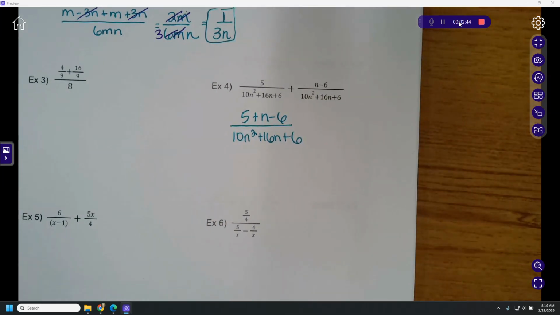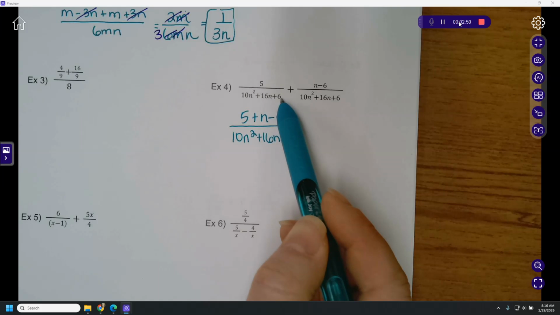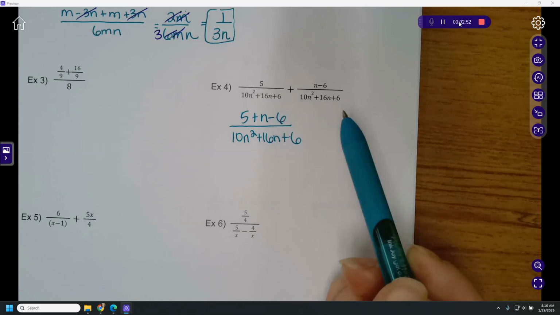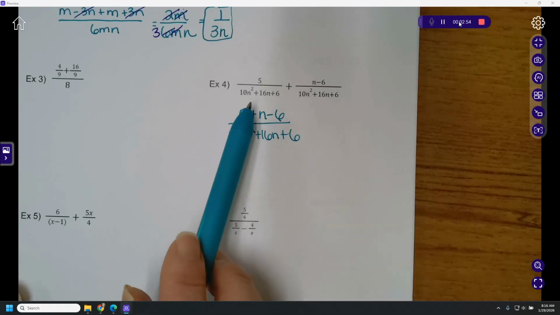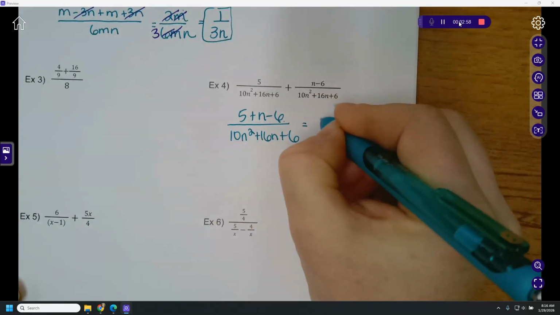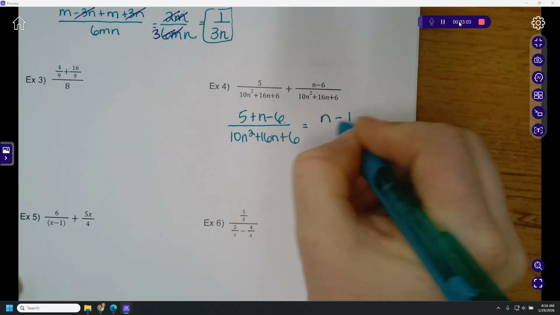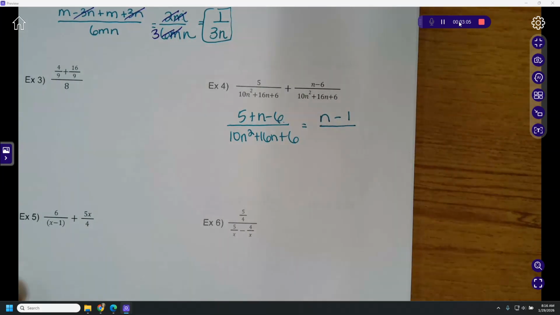Okay, now don't get all stressed out. Maybe you'd think, oh my gosh, that's so big, I have to factor that. Well, potentially, but let's just take a look and make sure that I have the top first. I have my like terms and I get n minus 1.